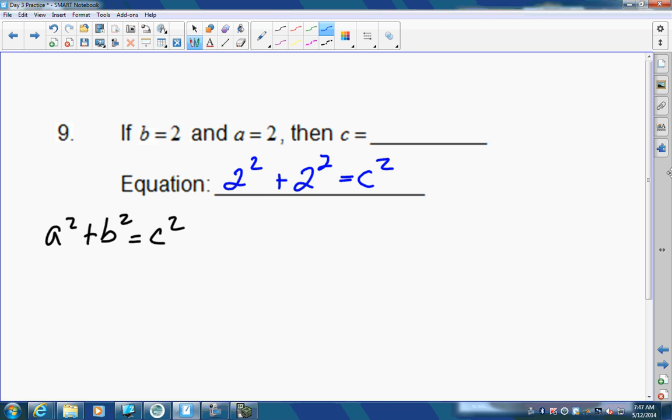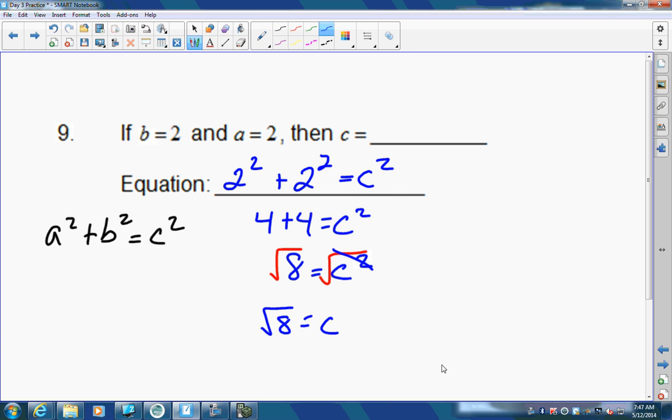What's 2 squared? 4 plus 4 equals C squared. So I'm looking for 8 equals C squared. I need to take the square root of each side. These cancel, so I'm trying to find the square root of 8 to simplify it for C.